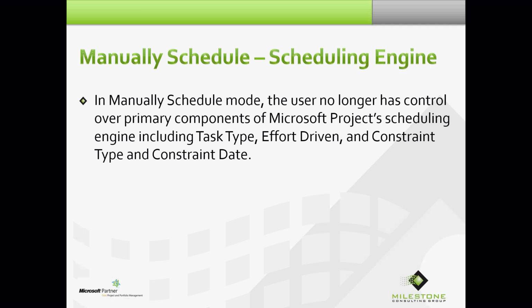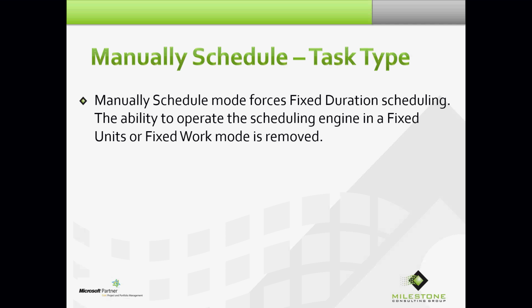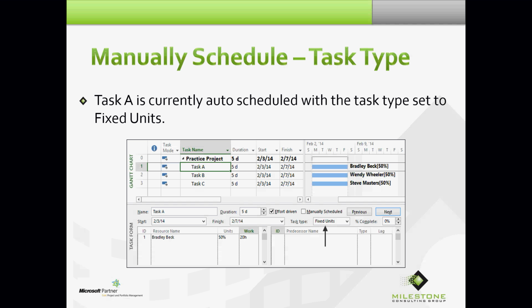For the most part, you no longer have control over all of that. Let's think about task type for a minute in the scheduling engine. Manually scheduled mode forces fixed duration scheduling. The ability to operate the scheduling engine in a fixed units or fixed work mode is removed.